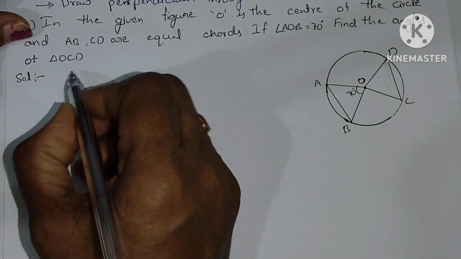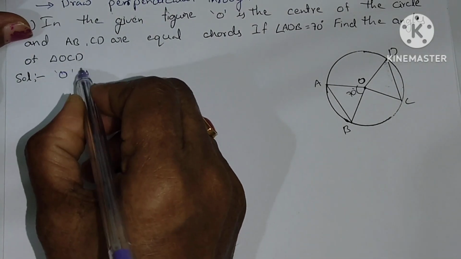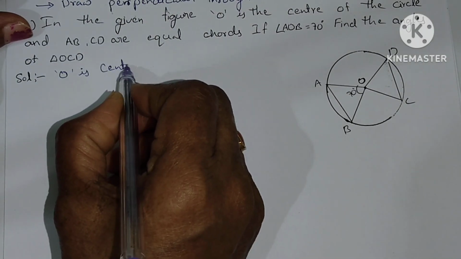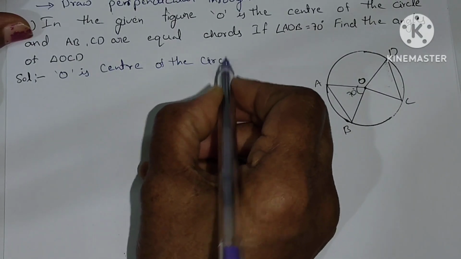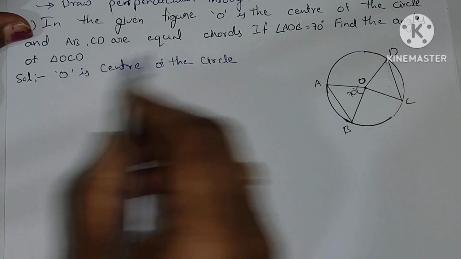O is the center of the circle. Angle AOB equals 70 degrees.